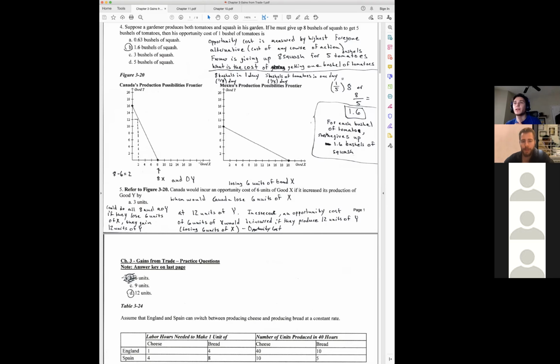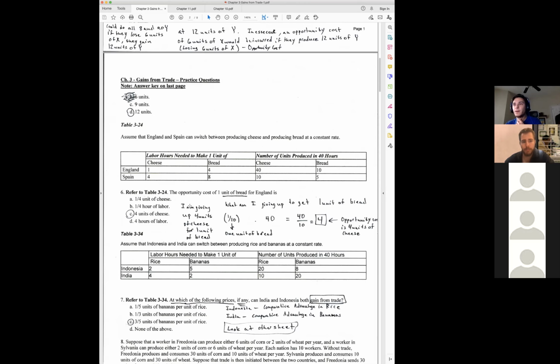Say we only produce 8 units of good X. If we subtract 6, because that's the opportunity cost we're incurring, then we would be producing 2 units of good X. What amount of good Y does that correspond to on this production possibility frontier? That would be 12. So your answer for that case would be 12.